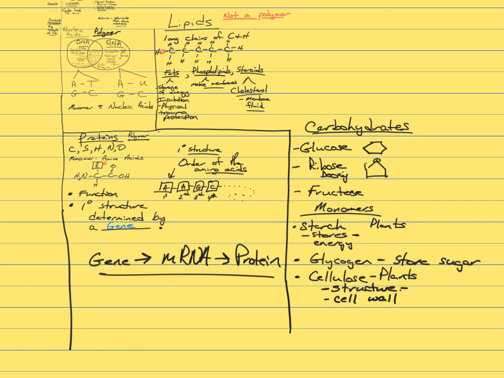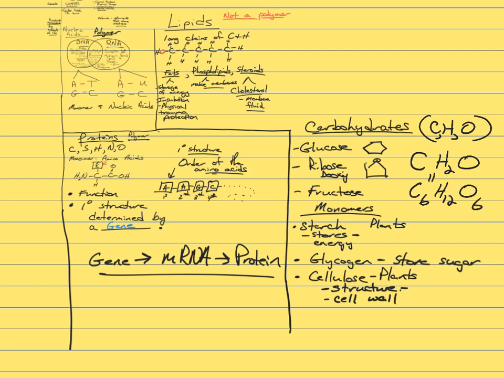The glucose, remember, is CHO. The general formula is for every carbon you have 2 hydrogens and 1 oxygen. So if you have C6, how many H's do you have? 12. And how many oxygens? 6.